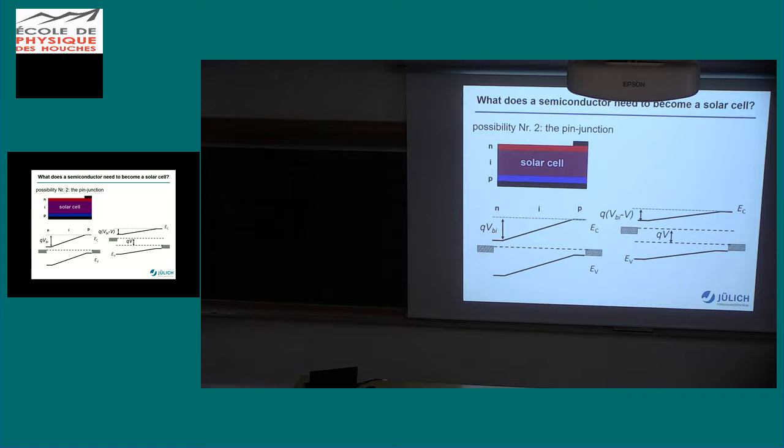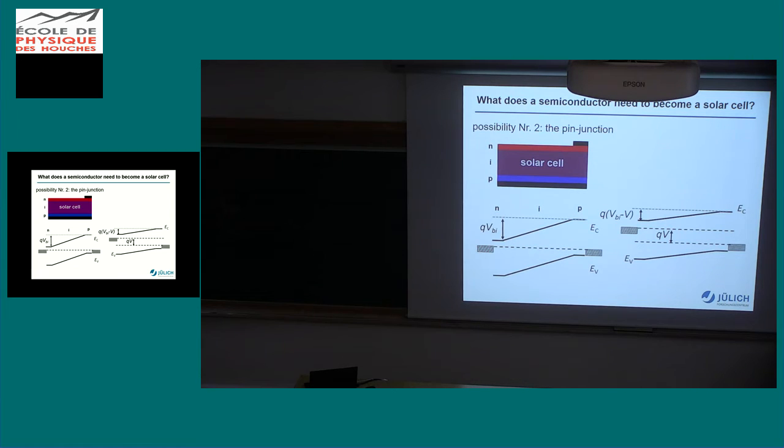So now getting to the PIN, so again we are in equilibrium. Now look what is happening at applied voltage. Okay, we see again a built-in potential, now going from left to the right, is reduced by the external voltage, so that's what is happening.